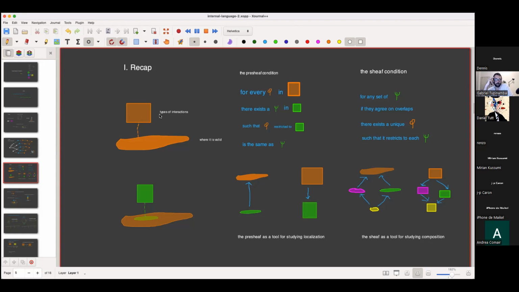Inside this box, types of interactions, we have many different kinds, but we categorize them in terms of types. So occupying a space is a type of interaction. Marching and having signs to make yourself visible, that's a type of interaction. Clashing with the police, that's a type of interaction.